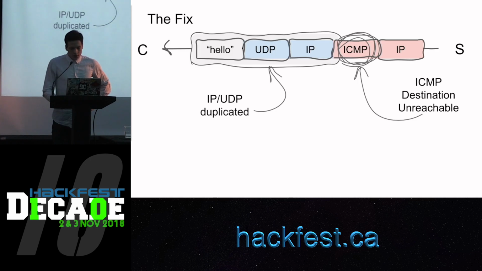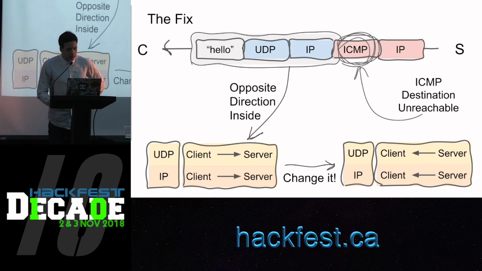So what I tried is, you remember, the packet is duplicated in the ICMP message. And what I did is I tried to change the direction inside this ICMP message. It should be a duplicated message from client to server, but I changed the direction like it went from server to client. Make sense? Nice.